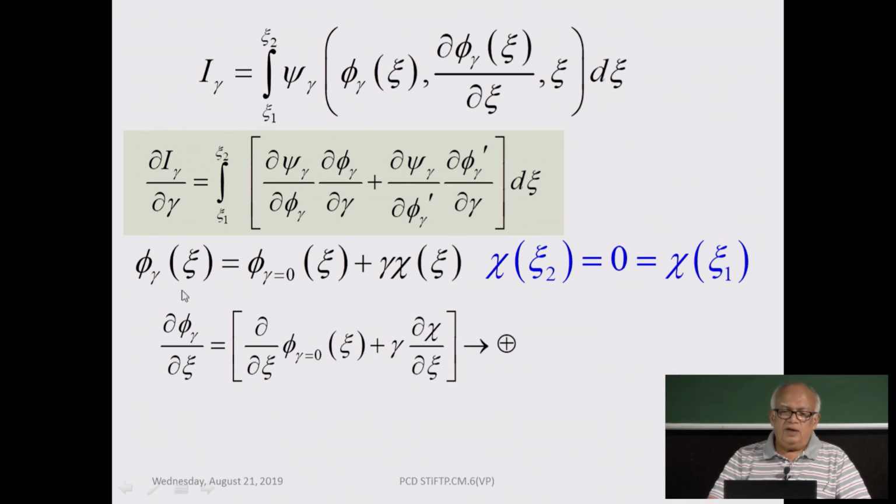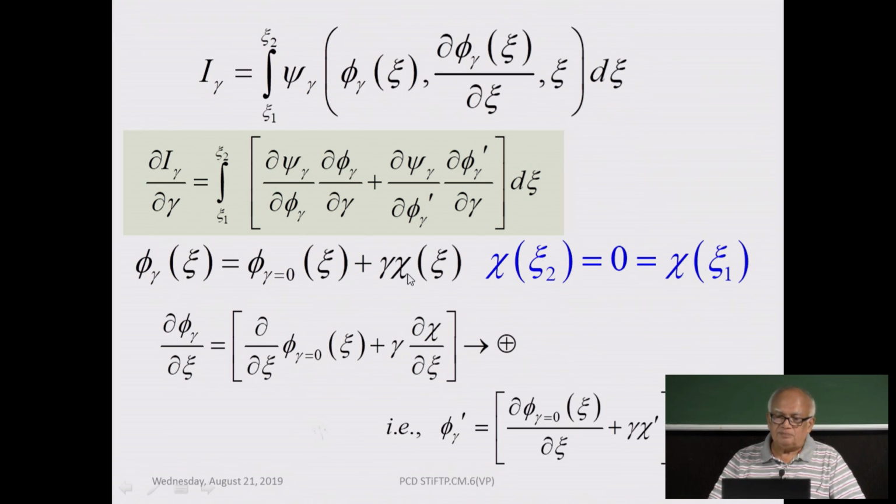So, now since we have this relationship, we can find the rate at which phi depends on xi, we need it over here. So, the rate at which phi depends on xi is now given by this relation. It depends on how the phi for gamma equal to 0 depends on xi, and then there is a variation because of the second term, which is gamma times how chi itself will depend on xi.